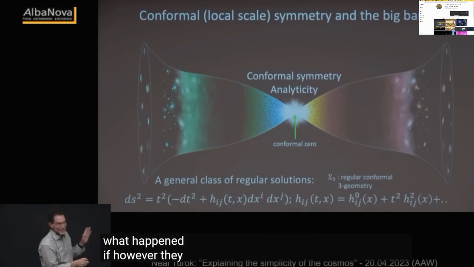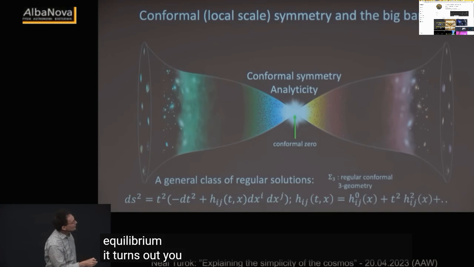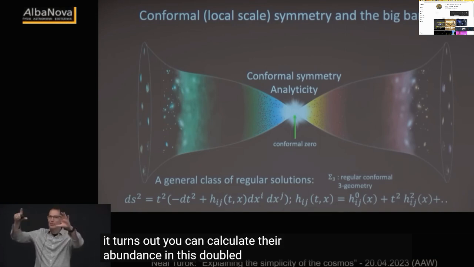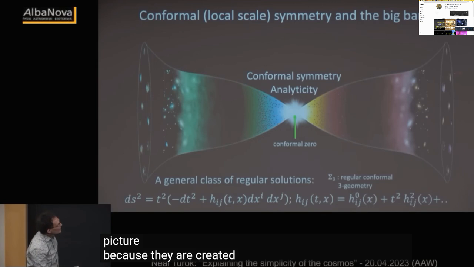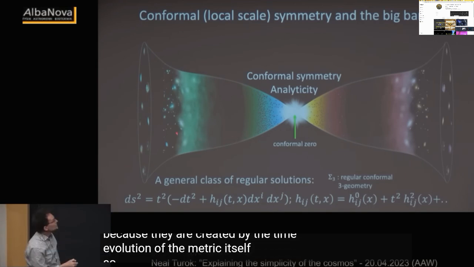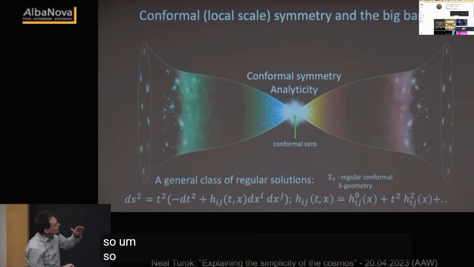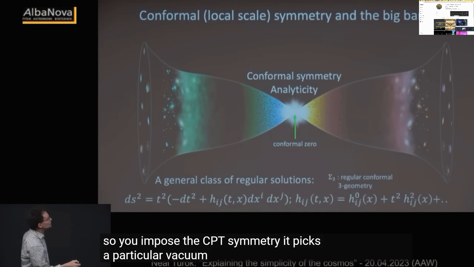If, however, they are stable, and they were never in thermal equilibrium, it turns out you can calculate their abundance in this doubled universe picture because they are created by the time evolution of the metric itself. So you impose the CPT symmetry, it picks a particular vacuum state.